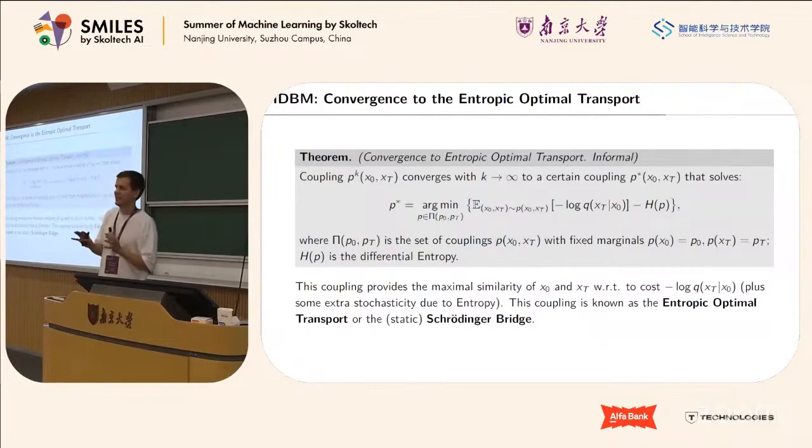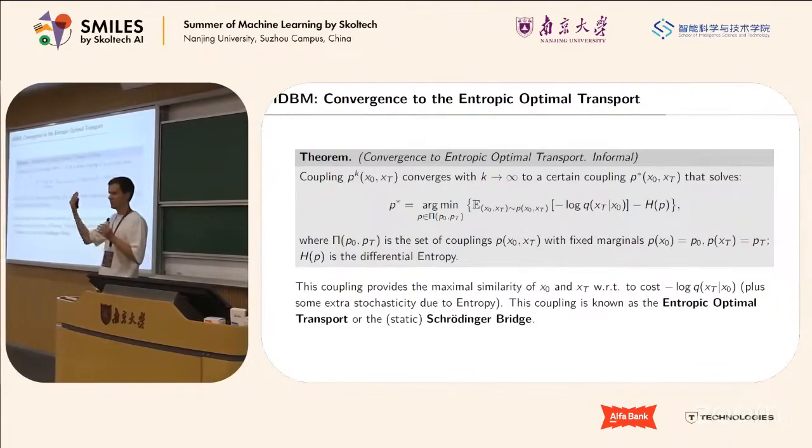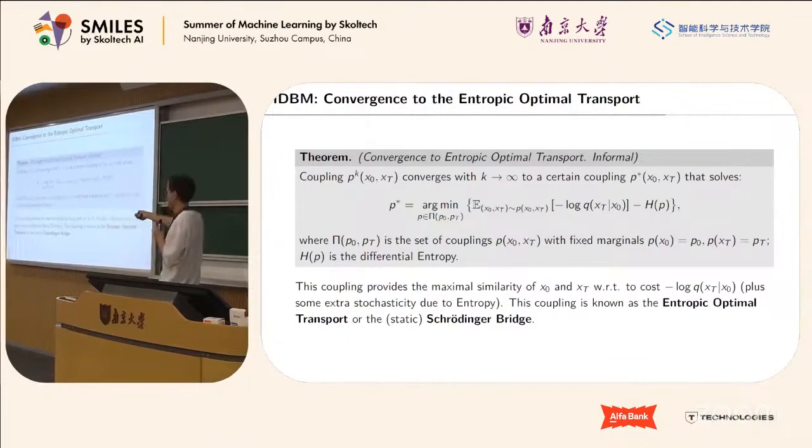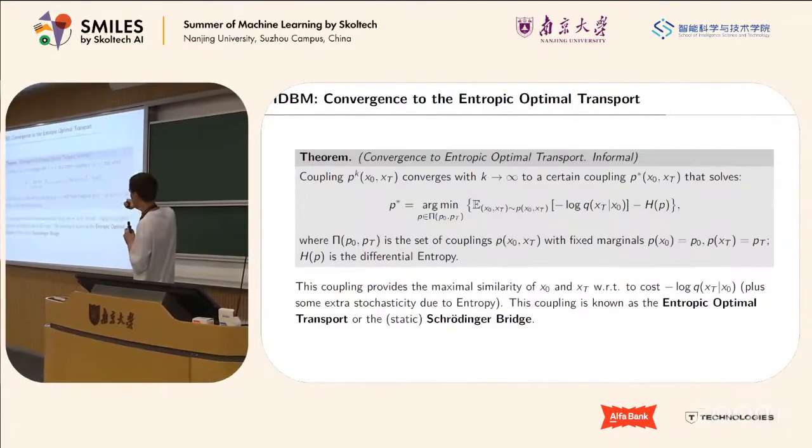What is that, basically? It is a coupling, so a joint distribution with the input and target marginal distributions, that minimizes this objective. This is called the entropic optimal transport objective, and we will see it more clearly in, I guess, two slides.